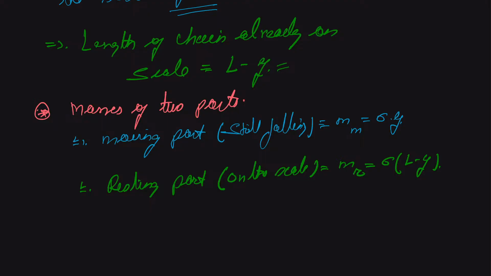Now let's find out the velocity of the chain just before it reaches the scale. For that we are going to use conservation of energy.